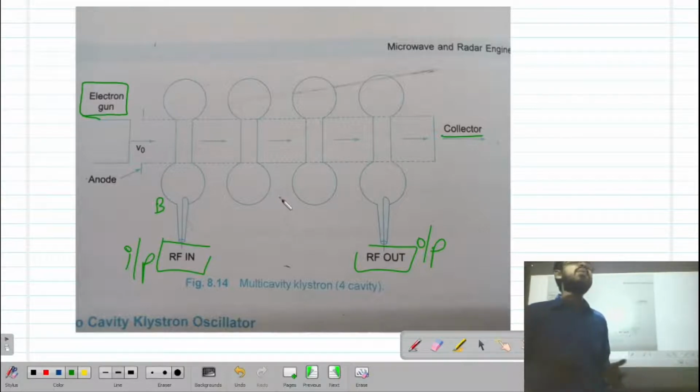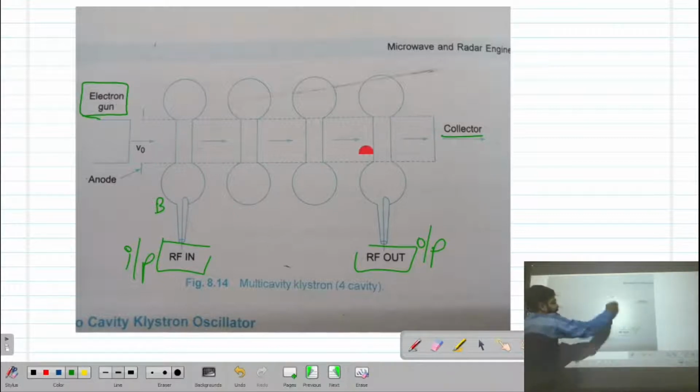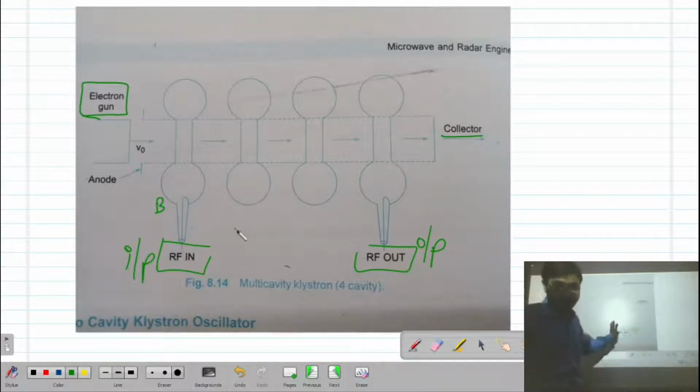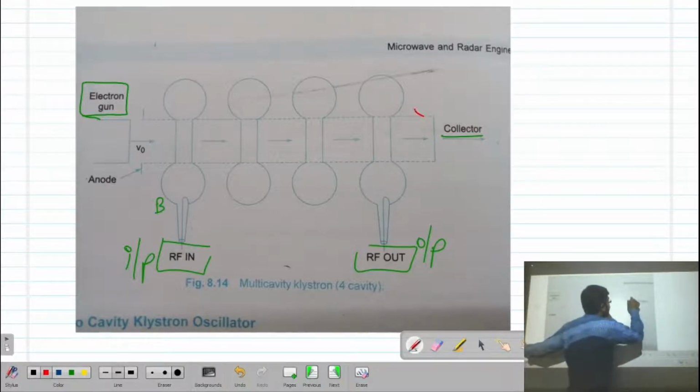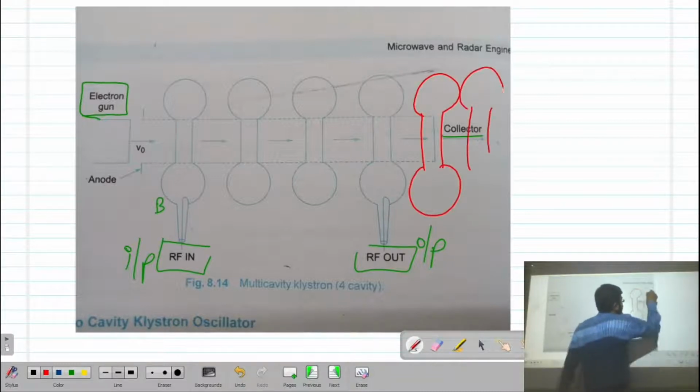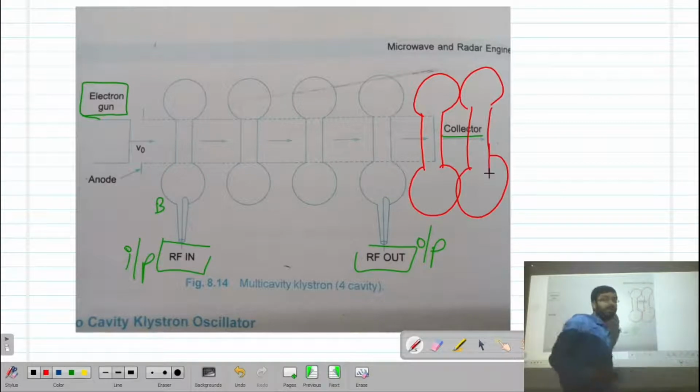For that you have to use a multi-cavity klystron amplifier. This klystron amplifier has only 4 cavities, but this is just an example. In practice, if very high power is needed, a number of such cavities can be added.